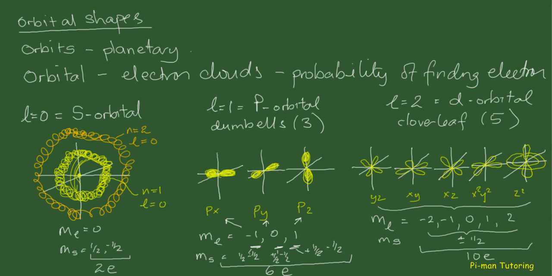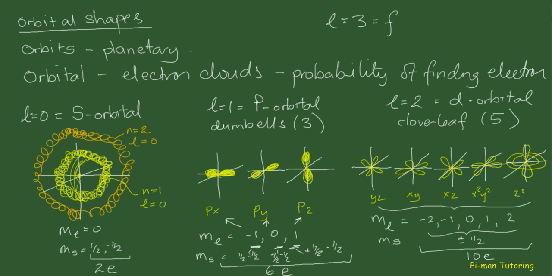Now L equals 3, we don't deal with them much at this level of chemistry, but L equals 3 is referred to as an F orbital, and there are 7 of those, because if L is 3, there are 7 possible values of ML. 7 possible MLs, each accommodating 2 electrons. That means we have room for 14 electrons in the L equals 3.